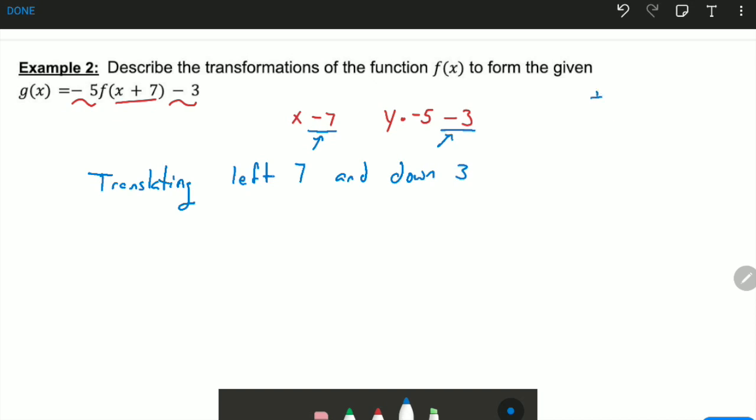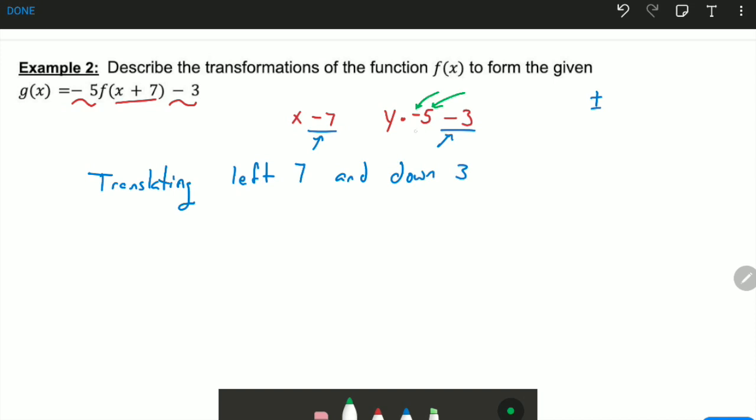Remember that addition, subtraction is translation. Multiplication is dilations, and multiplying by negative is reflections. So in addition to translation, we have 2 other things going on. We are multiplying by negative, and we're multiplying by a number that's not 1.